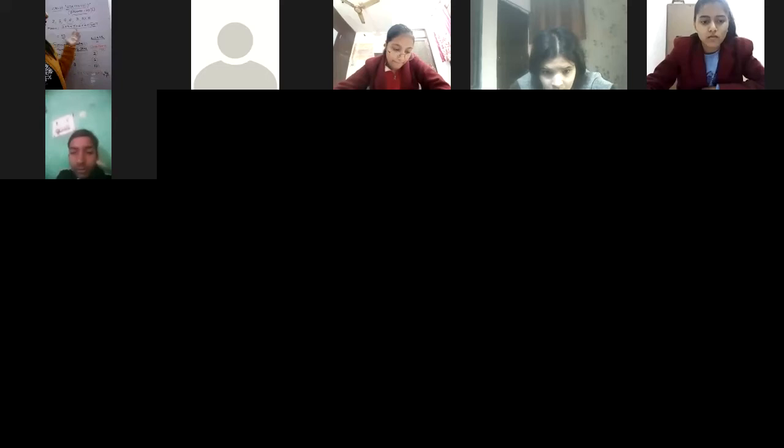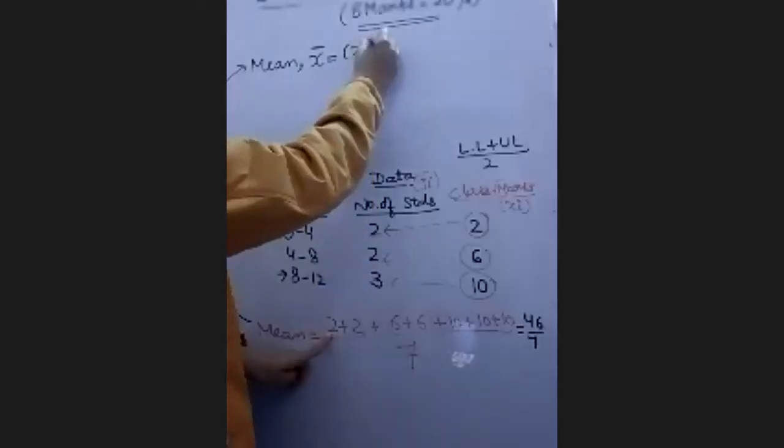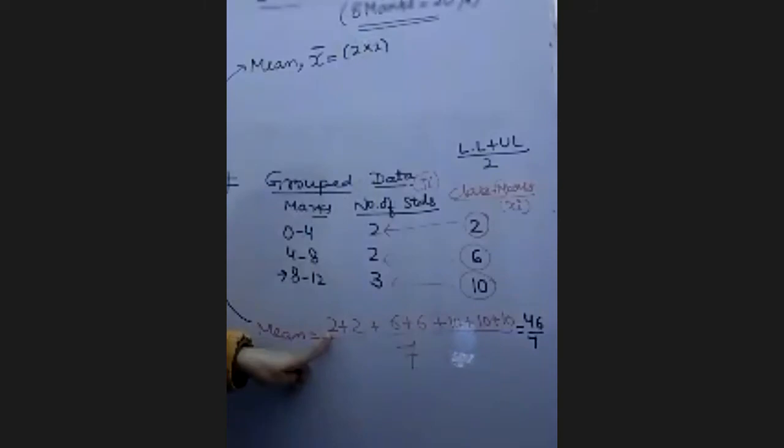Can I now further write it as 2 plus 2, 2 plus 2, can it be written as 2 into 2? Adding 2 times, plus 6.